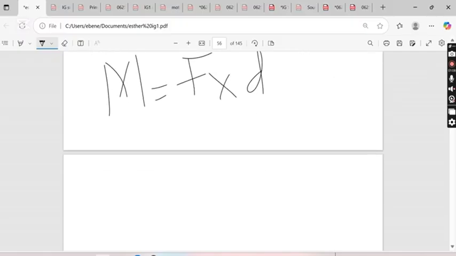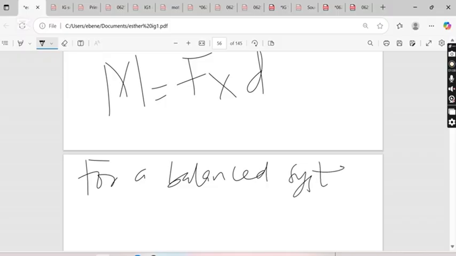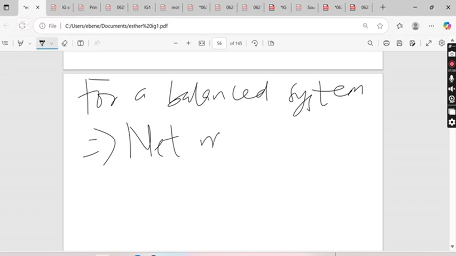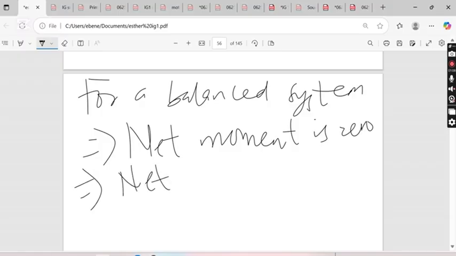So for a balanced system, or for a system to be in equilibrium, what we know is that first condition, net moment supposed to be 0. And then net force is also supposed to be 0. This is the condition for a system to be balanced.